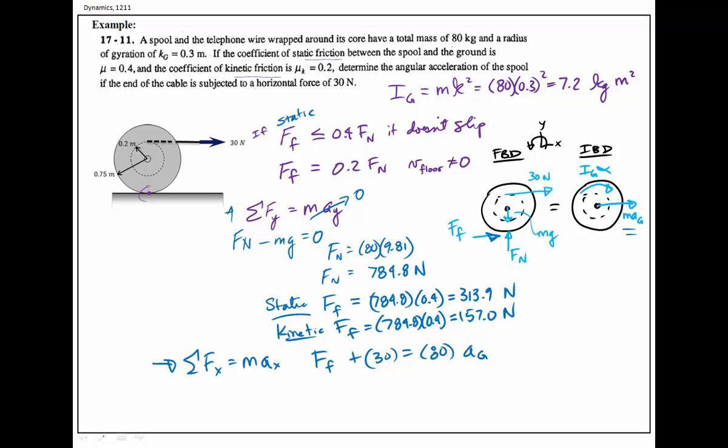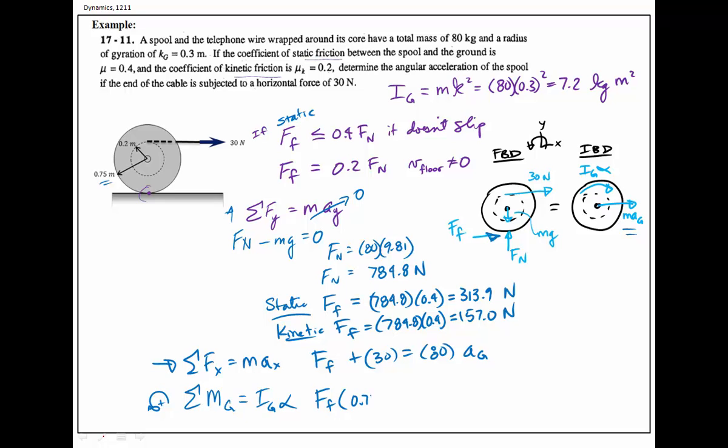So we'll end up with the sum of the moments about g equal to I_g times alpha. And we're making counterclockwise as positive. So we take the friction force times 0.75, and that's positive because it's going counterclockwise.